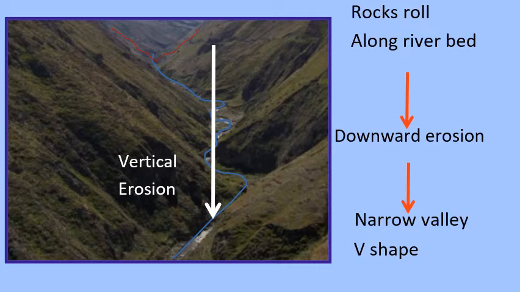That valley is so narrow that it really does create a V shape. I hope that you can actually see that where I've highlighted it. Also have a look at the photograph and notice how that young river completely occupies the bottom of the river valley.